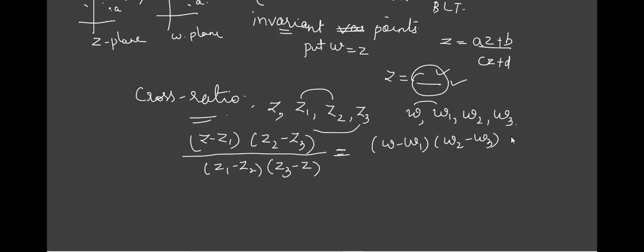Very good. Divided by what you left now: W1 minus W2, into W3 minus W. It should go in order. Don't change the order. It should be like this, in cyclical order. This is called the cross ratio.